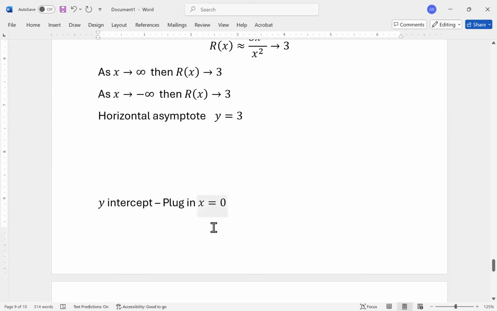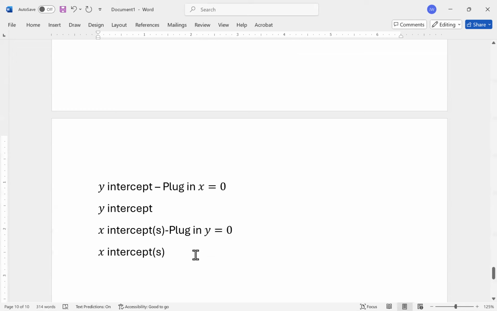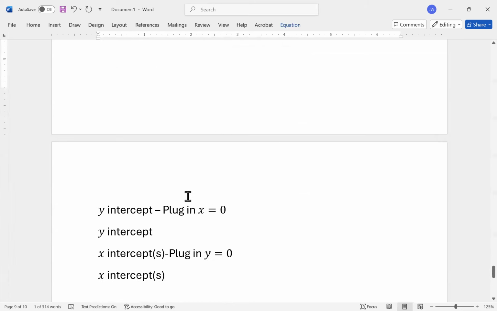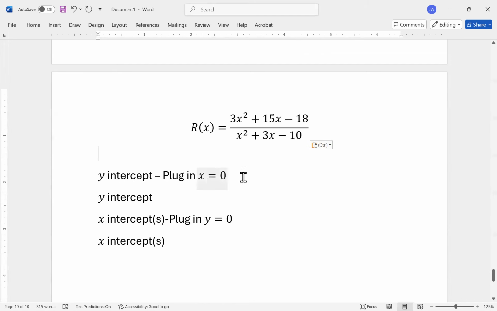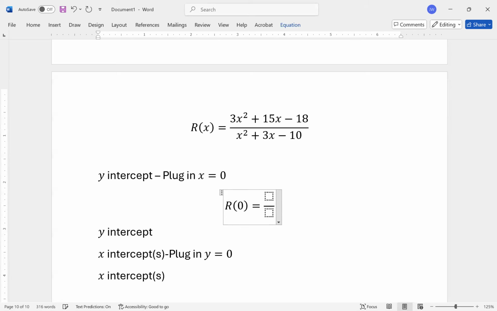Now let's take a look at finding the y-intercept and the x-intercepts. Again, we're utilizing this rational function. To find a y-intercept, I plug in an x value of 0. Usually in polynomials, it's really easy to plug in an x value of 0.